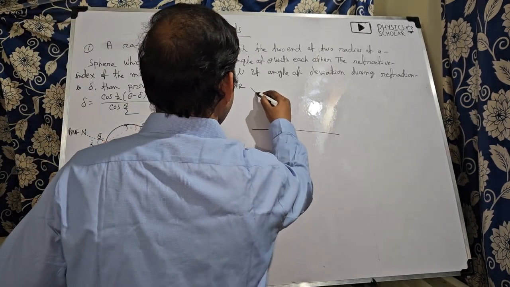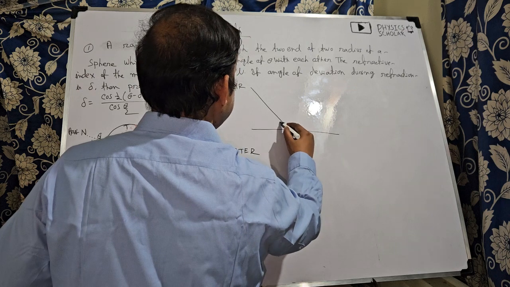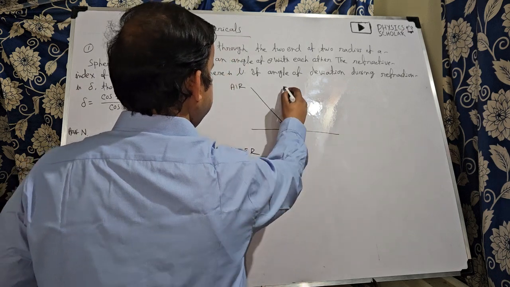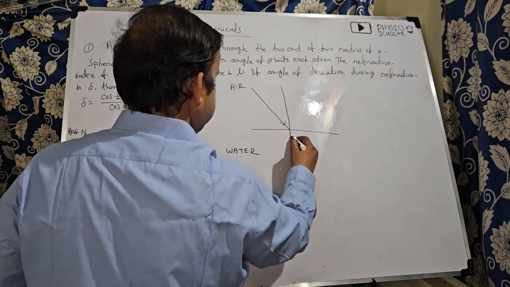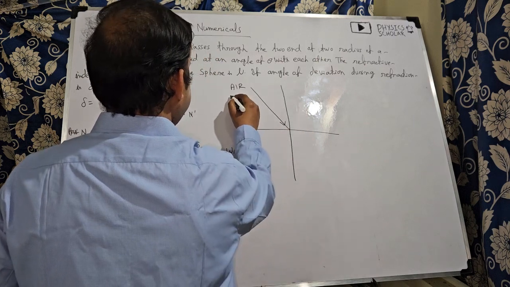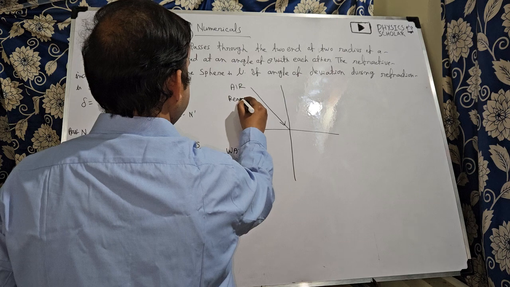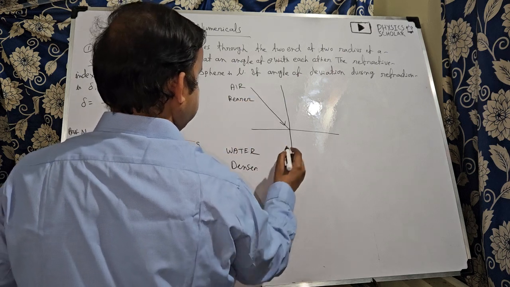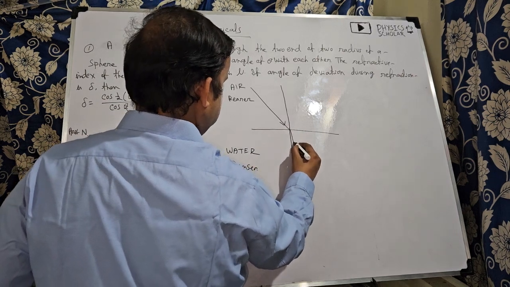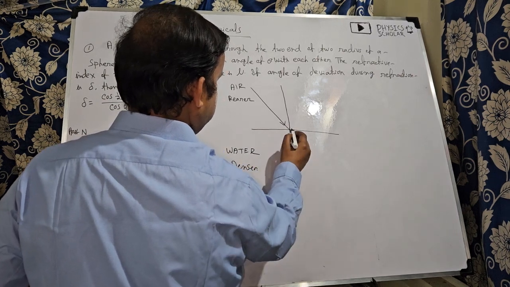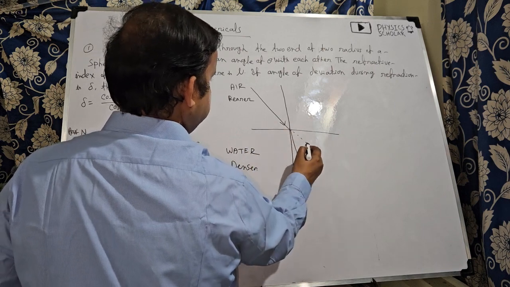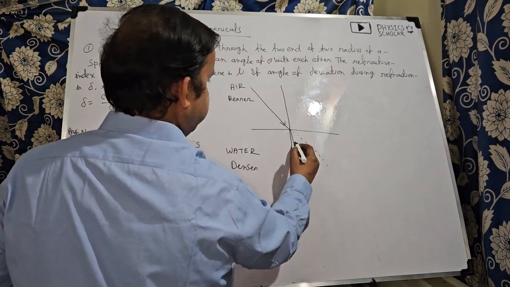Suppose a ray of light falls on the common surface between the two media, and this is the perpendicular drawn. It is the rarer medium and this is the denser medium. Now it will move towards the perpendicular. If this extra medium were not there, this would be the path of light.